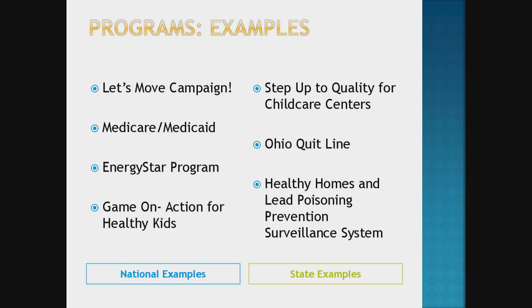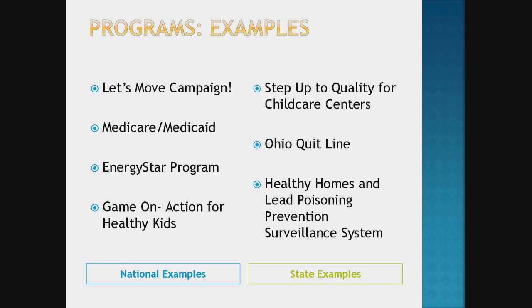So let's talk about some examples. Most programs are implemented at the local level, but there are some examples of federal and state programs. You may notice that many of the higher level programs support policy, systems, or environmental change strategies. The former First Lady, Michelle Obama, had the national Let's Move campaign, which was a program that could be implemented in communities, schools, and faith-based organizations to get individuals up and moving and getting their 60 minutes of physical activity a day.